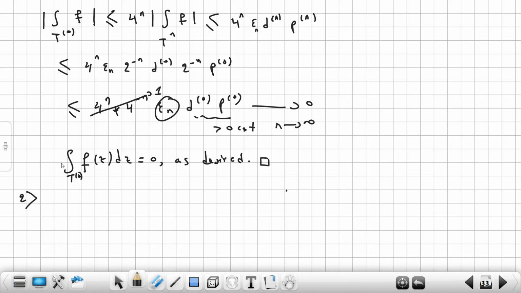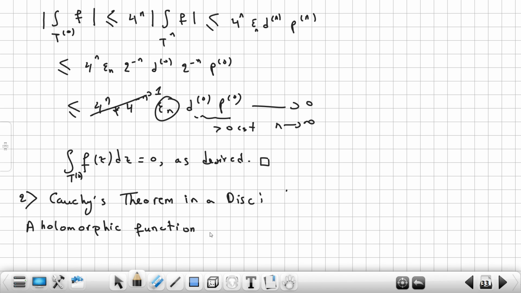Two, Cauchy's theorem in a disk. A holomorphic function in an open disk D has a primitive in that disk.